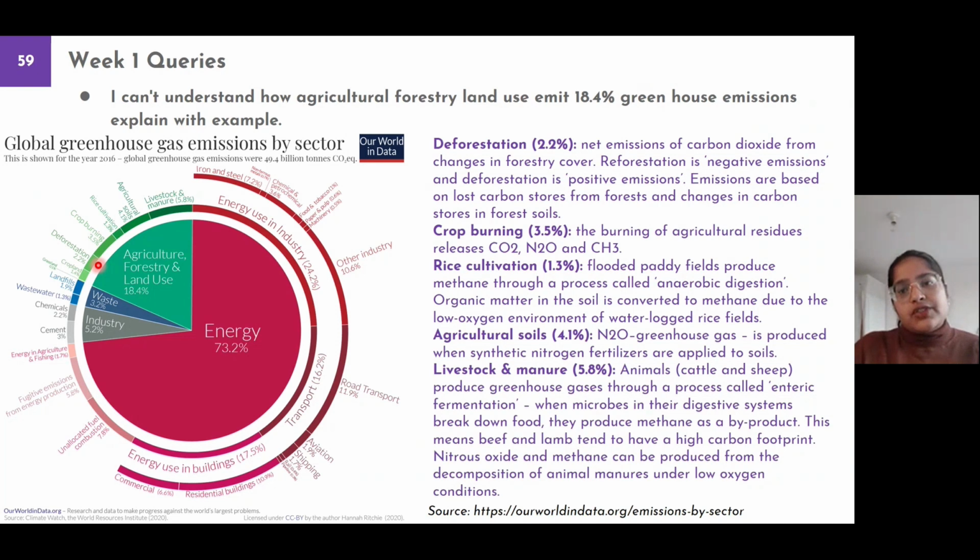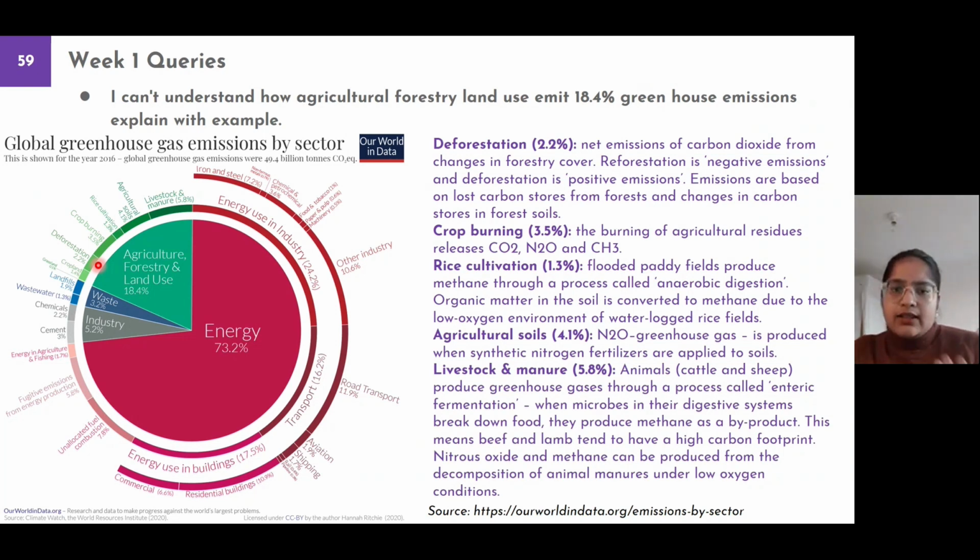And then reforestation is counted as negative emissions because we are planting saplings which are going to absorb CO2, so that is considered as negative emissions. So deforestation, the entire 2.2% is basically the net emissions of carbon dioxide from changes in forestry cover. So both reforestation and afforestation values are counted.